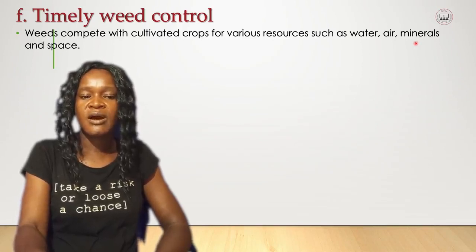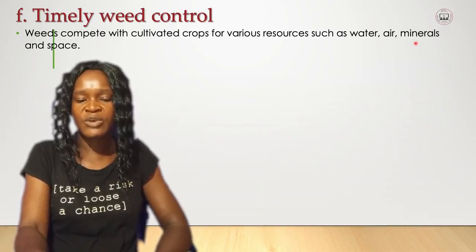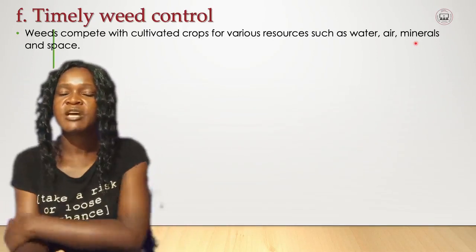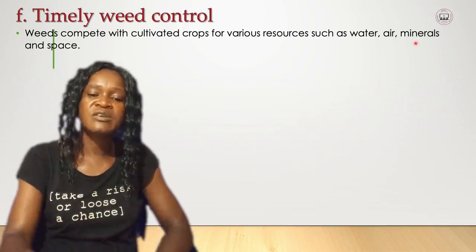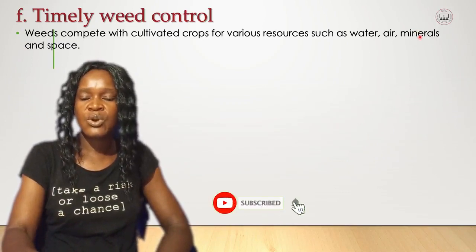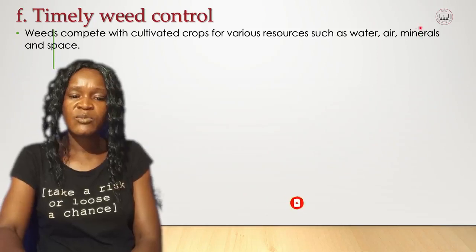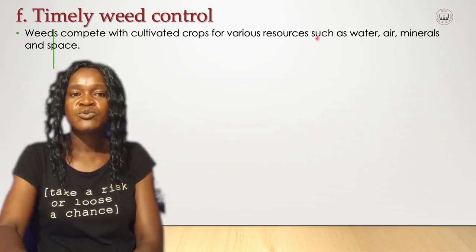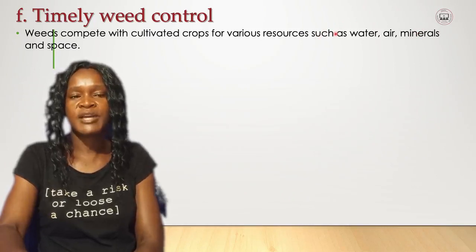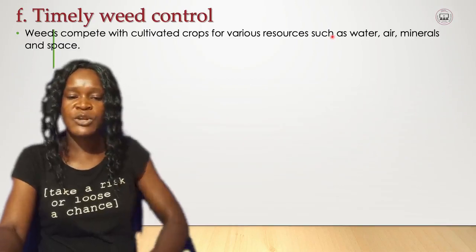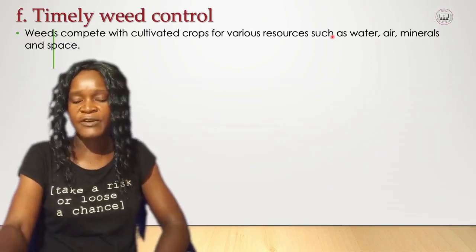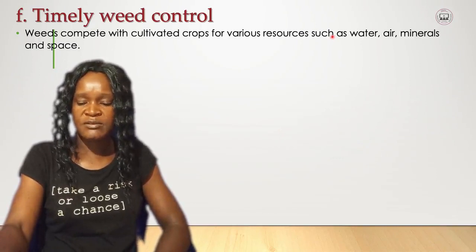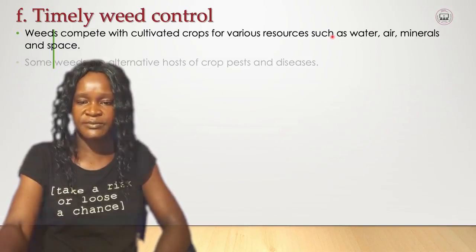The crop which you have grown will be absorbing the minerals, and at the same time the weeds will also be absorbing those minerals, leading to low fertility in the soil. Also, some of the weeds are heavy feeders. In order for them to grow, they will absorb too many nutrients, thereby reducing the amount of minerals available in the soil, affecting soil fertility.